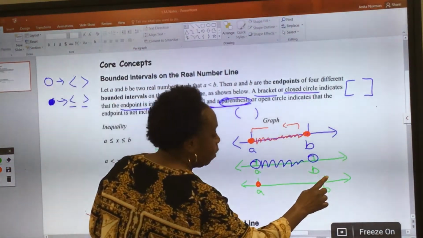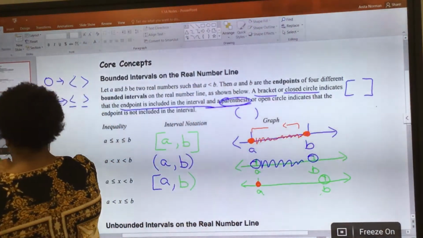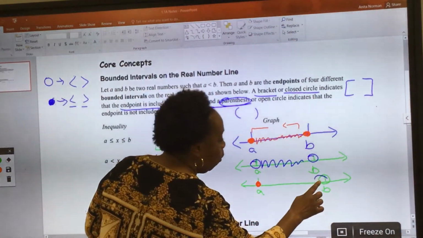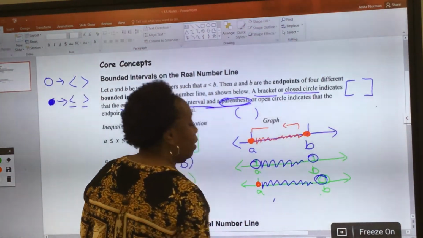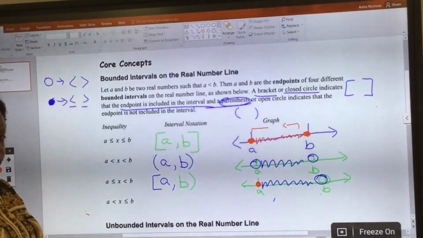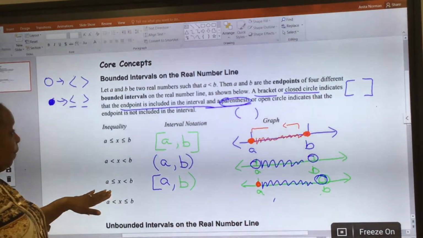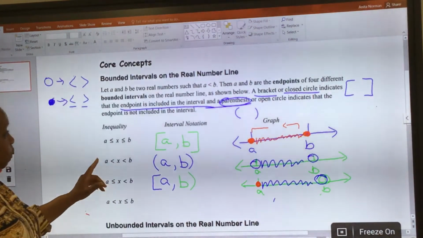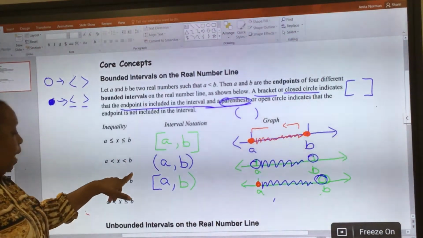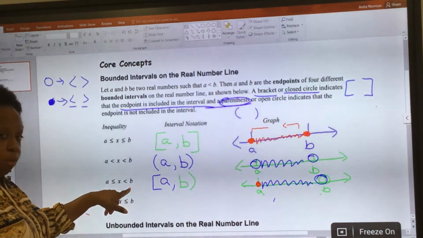Right, an open circle on B. Let me do that in a different color so it won't look like the line. An open circle on B, and it's gonna be everything in between, okay? So this one is a combination where you have a bracket because we have a closed circle, and a parentheses because we have an open circle.